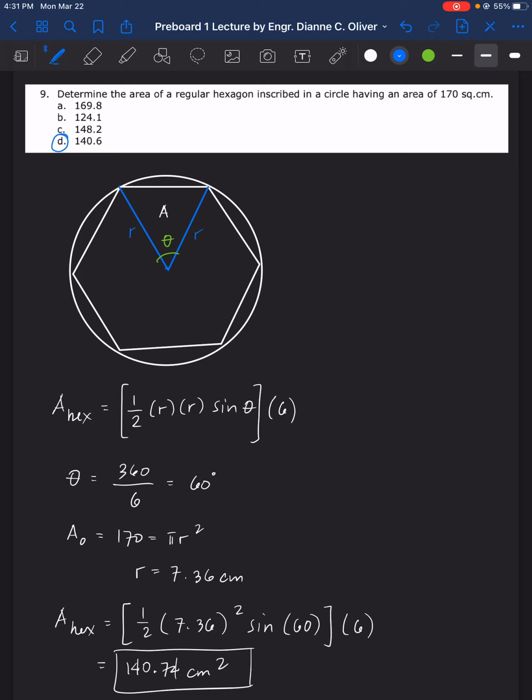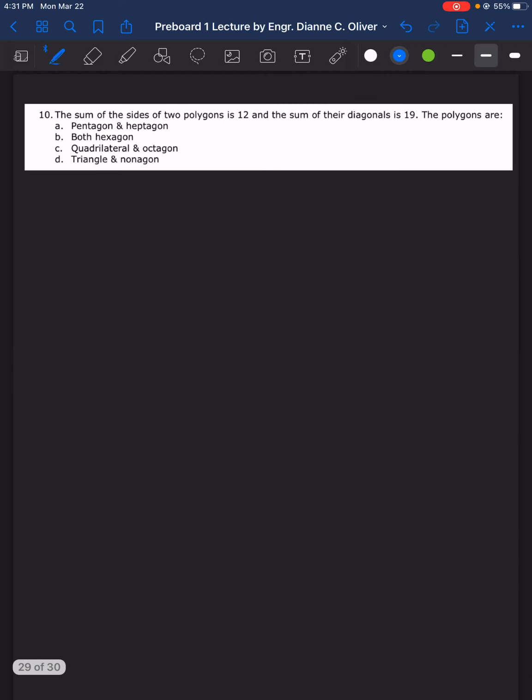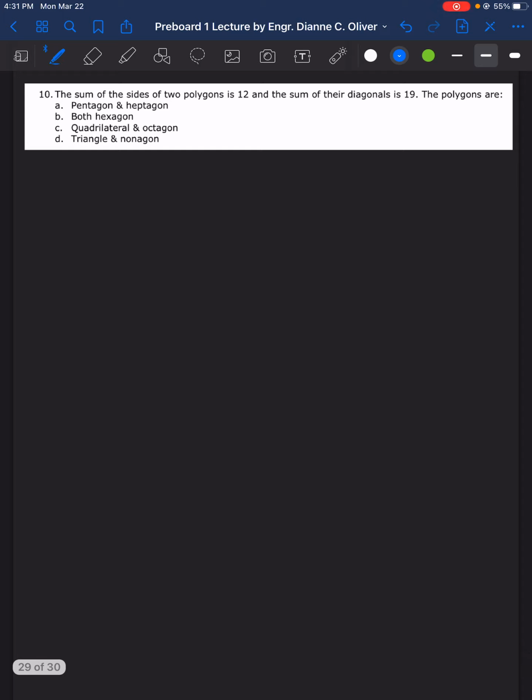Okay. Then the last one, we have number 10. The sum of the sides of two polygons is 12, and the sum of their diagonals is 19. The polygons are letter A, pentagon and heptagon, B, both hexagon, C, quadrilateral and octagon, D, triangle and nonagon.